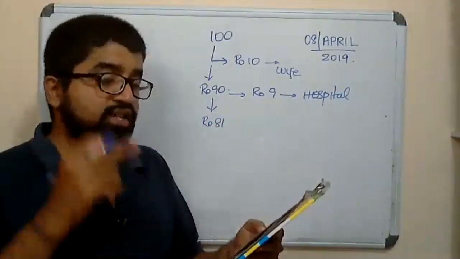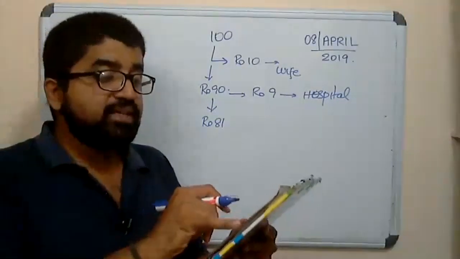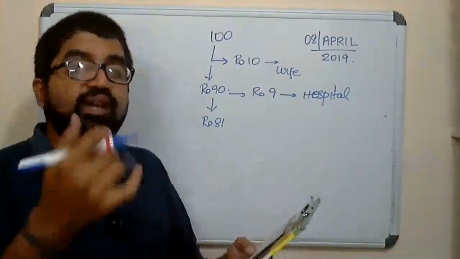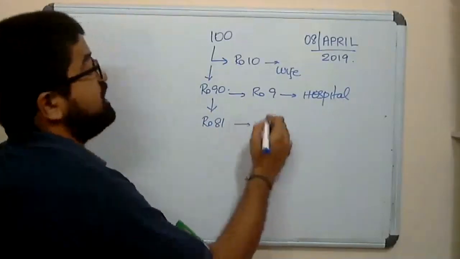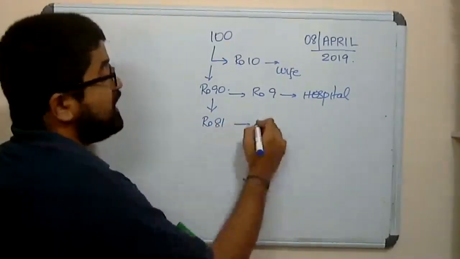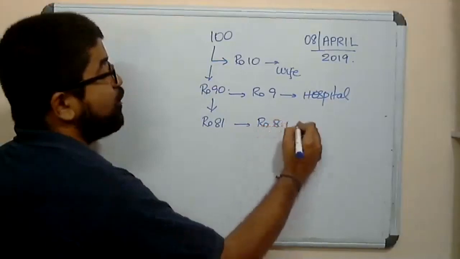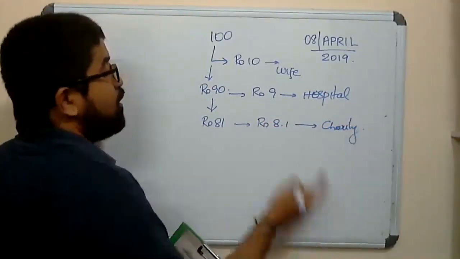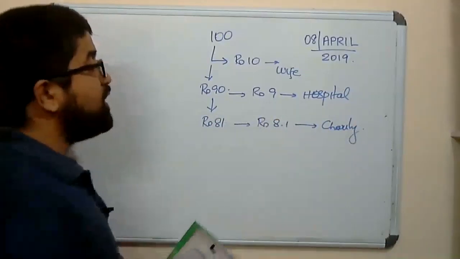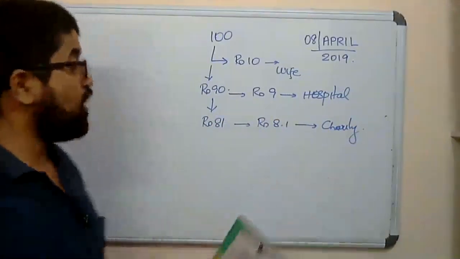It is given in the question that again 10% of this remaining amount he is giving to charity. So this remaining amount 81, from this he is giving 10% of 81 comes to rupees 8.1. He is giving it to charity. So from 81, when 8.1 rupees goes, what remains?